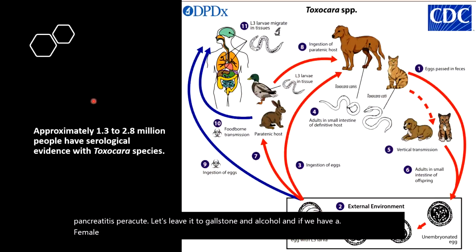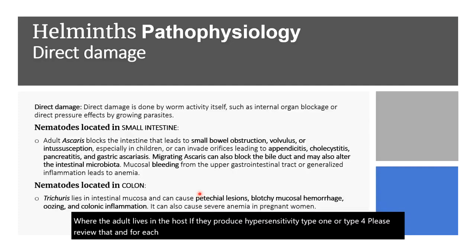So for parasites, I made a chart indicating where the adult lives in the host. If they produce hypersensitivity type 1 or type 4, please review that, and for each one of the parasites that are in that chart.